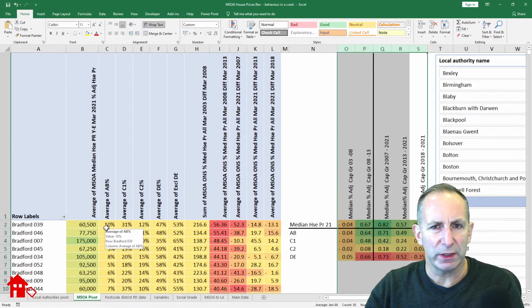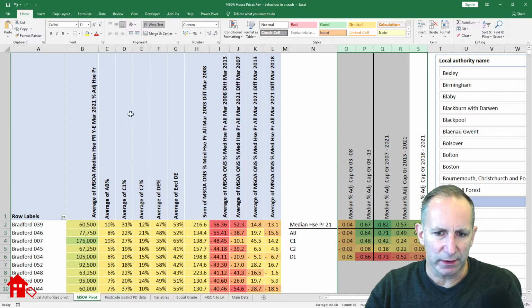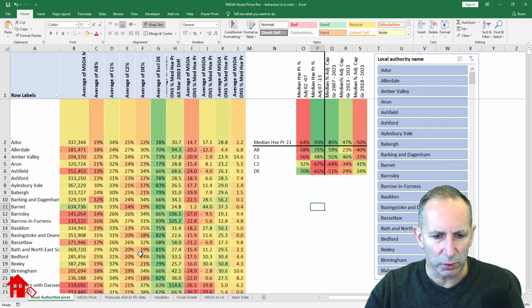So therefore, each MSOA is between 5 and 7,000 houses. And I've looked at the median house prices, the social grade, as I said, and then put it all together in some kind of overall structure. And in this case, I've used pivot tables and correlation analysis to do this.